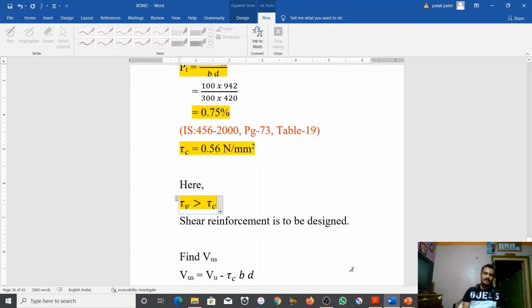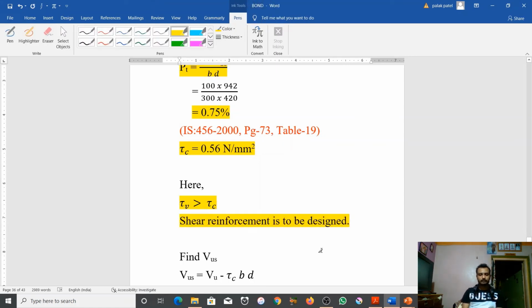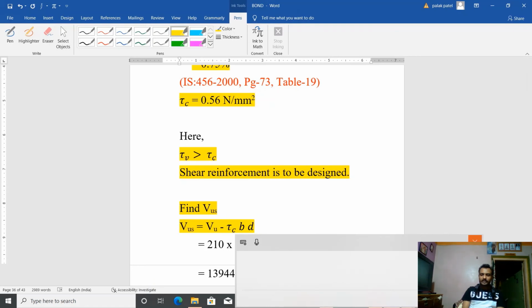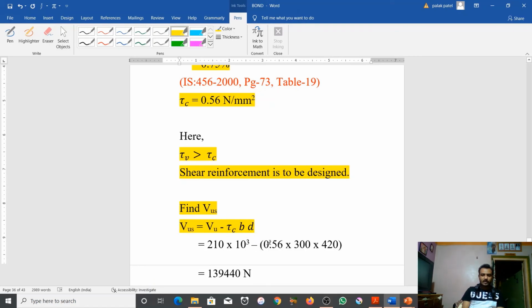So by this condition we have to design shear reinforcement, it is compulsory. So same condition here, Vus equation: Vus equals Vu minus tau c into bd. Vu is 210 into 10 raised to 3 minus 0.56 into 300 into 420.